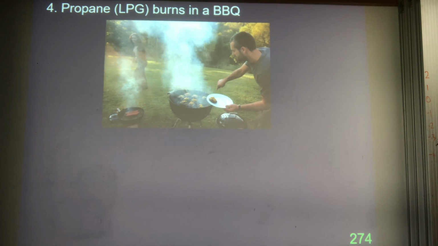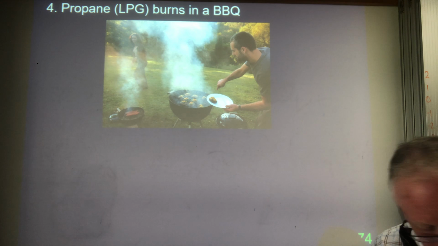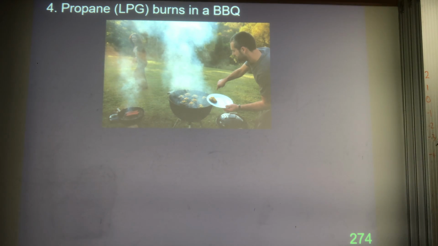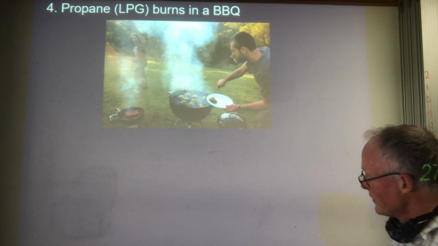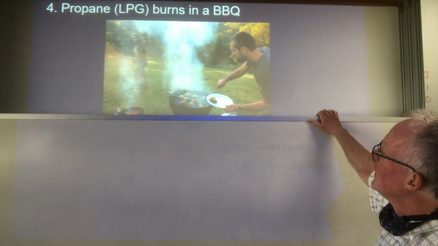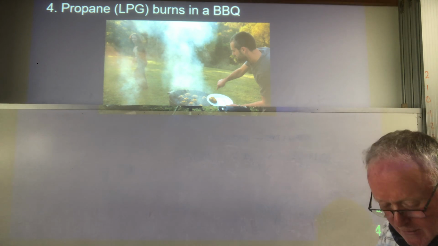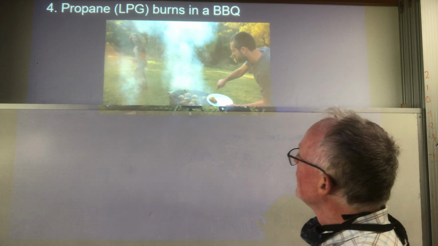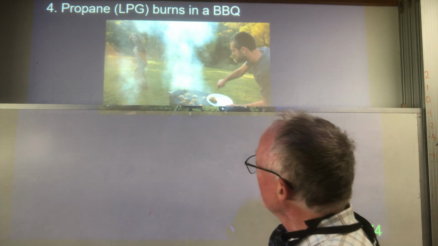The answers, and then the combustion reaction to finish off with. Let's just do that one. We remember from our organic chemistry, hydrocarbon plus oxygen gives carbon dioxide and water. That's our reaction scheme.